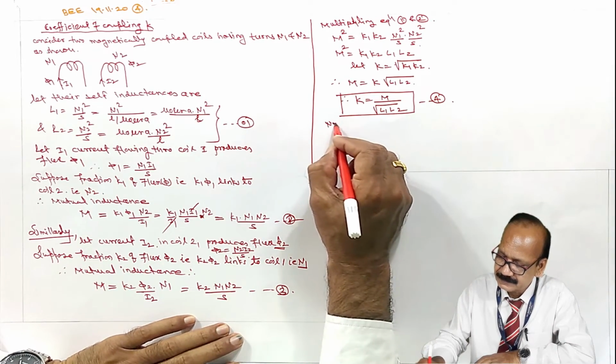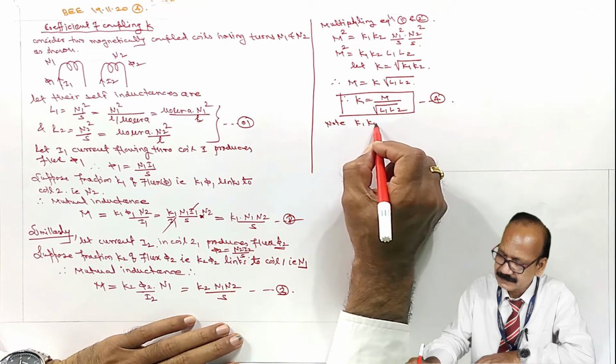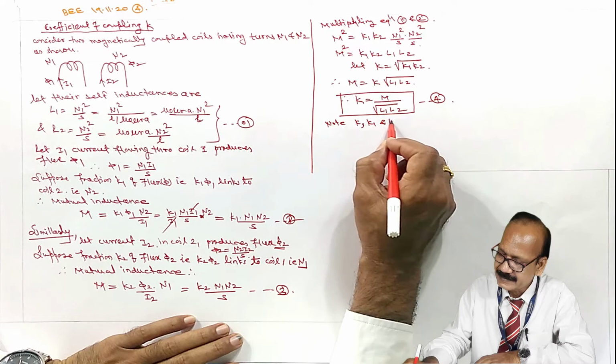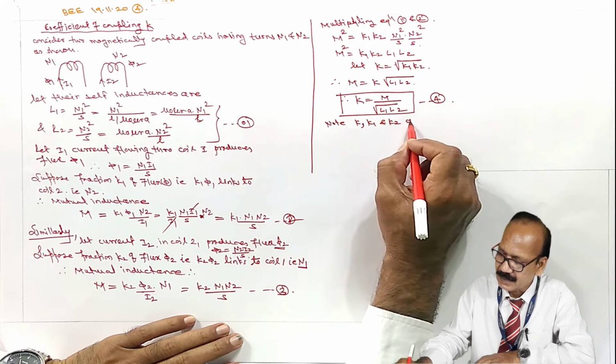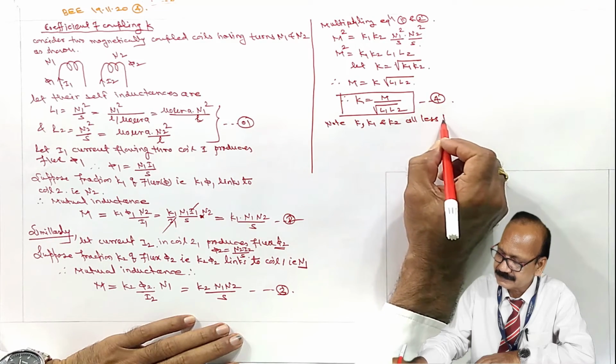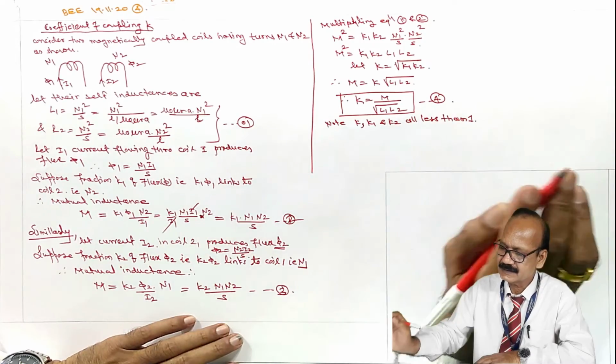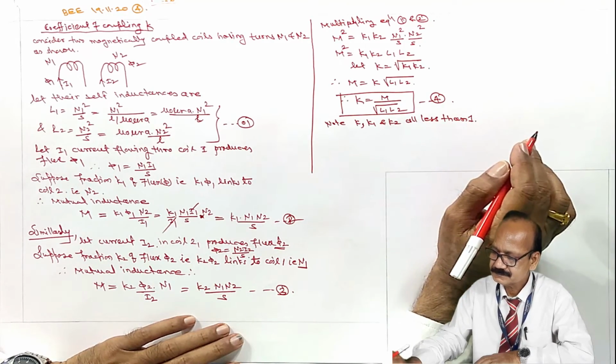Note that K, K1 and K2 are all less than 1. They are the fractions.